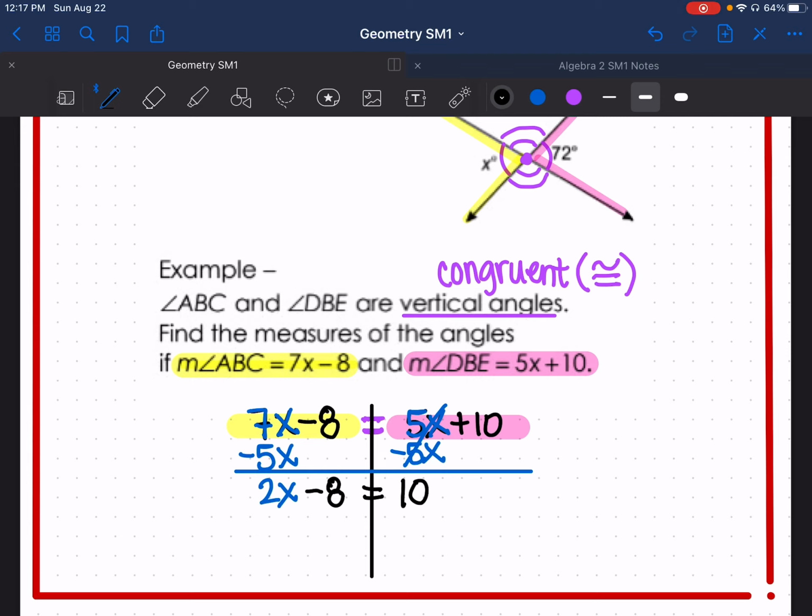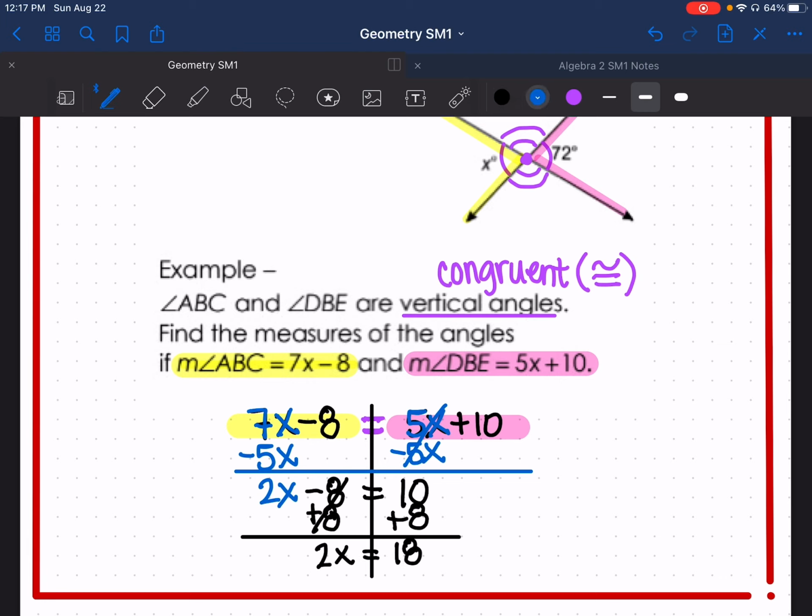I must focus over here where my blue x is, and I must get rid of my add or subtract by doing its inverse, which is the opposite. I see subtract, so I'm going to add 8 to get rid of it and move it to the other side. Remember, when you're getting rid of stuff, it always goes to the other side. That would be 18.